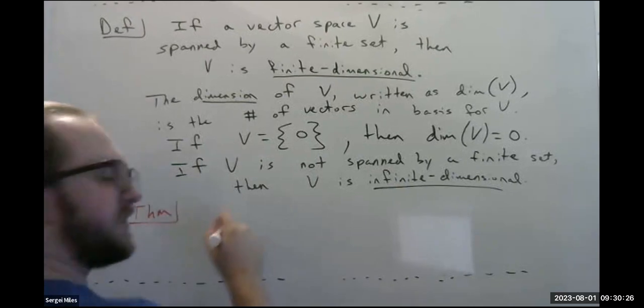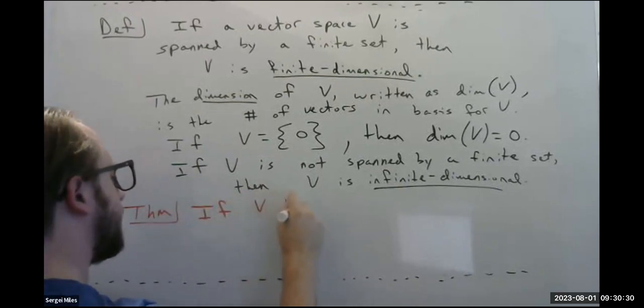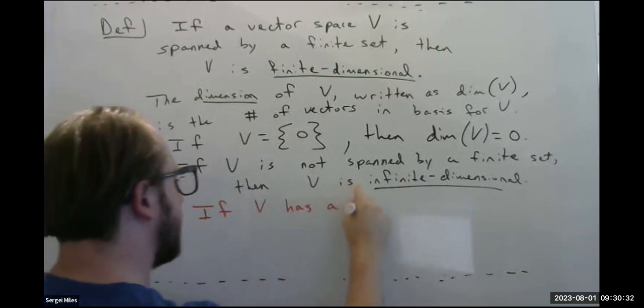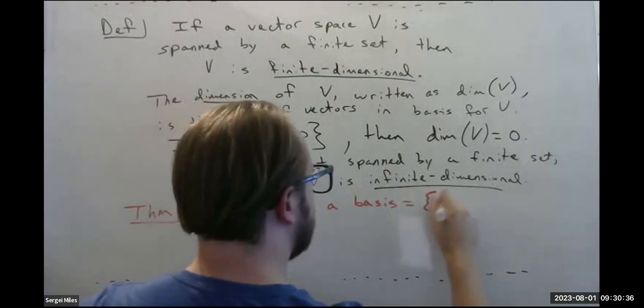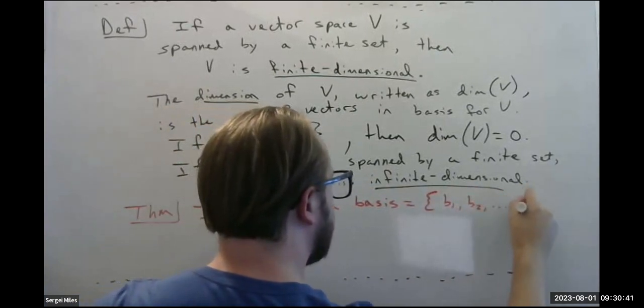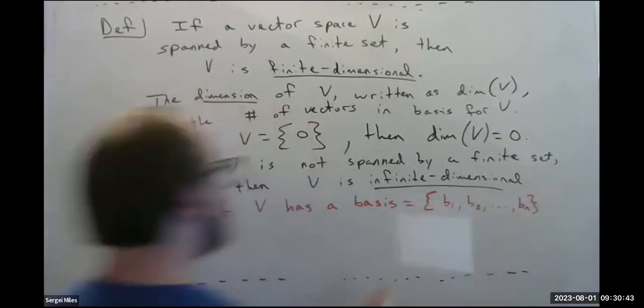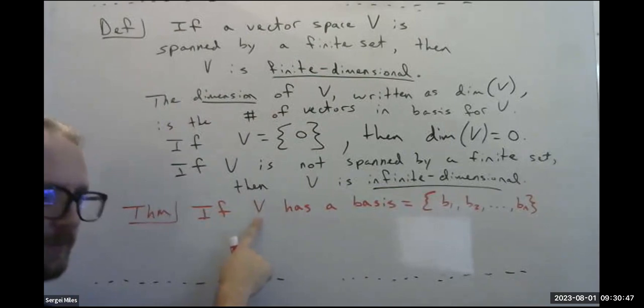This theorem states if V has a basis, which is B1, B2, Bn. Notice it has n vectors. This is an n-dimensional space.